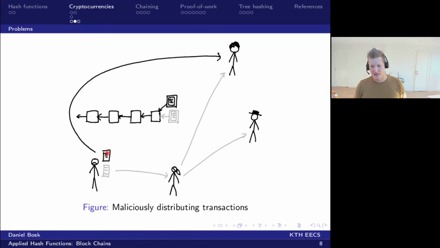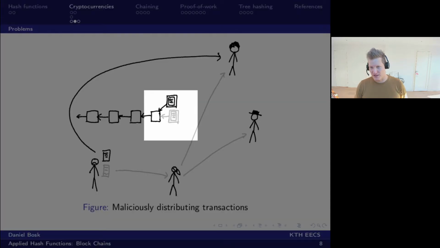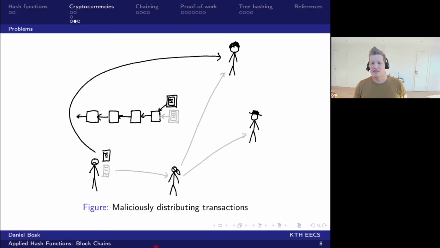So in this case, he has a separate transaction that he sends to this person. And then Bob will attempt to get both these transactions into the chain here. That is the idea. And of course, that is not acceptable. So that is one problem.